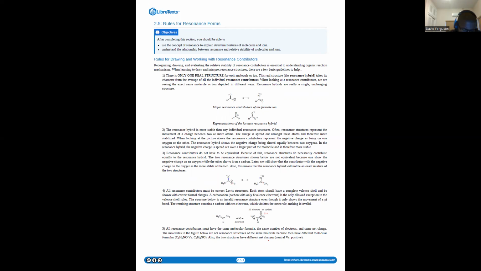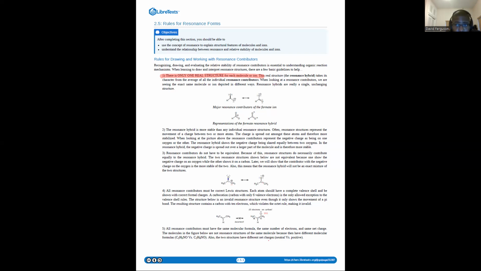There's only one real structure for each molecule or ion. That's something we're going to highlight. Bam. Only one real structure. And what's that structure called? That is the resonance hybrid. Remember, our objective is to understand the concept of resonance, to explain structural features of molecules and ions.